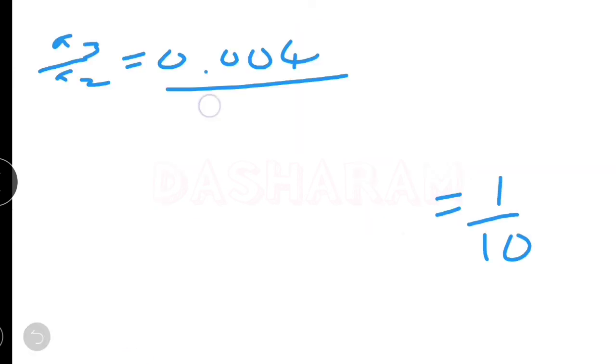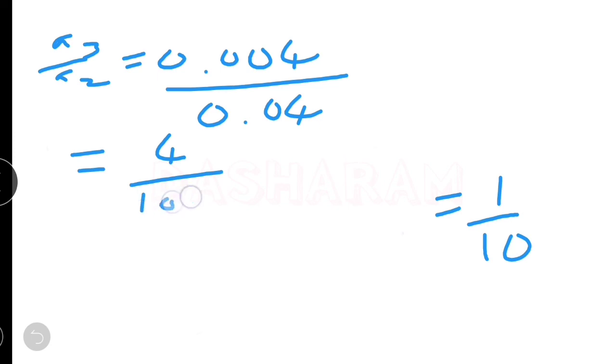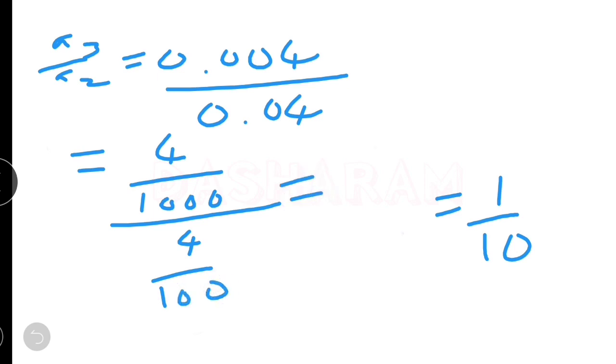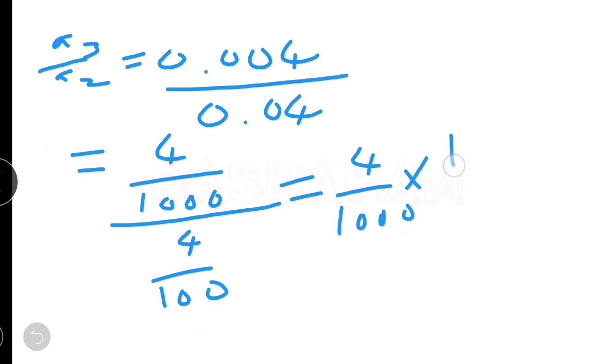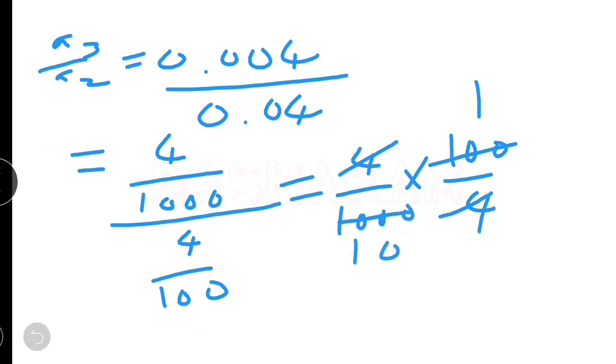That is 4 divided by 1000 by 4 divided by 100, which equals 4 by 1000 into 100 by 4. 4 cancels, 100 ones are 100, 100 tens are 1000, so it is equal to 1 by 10.